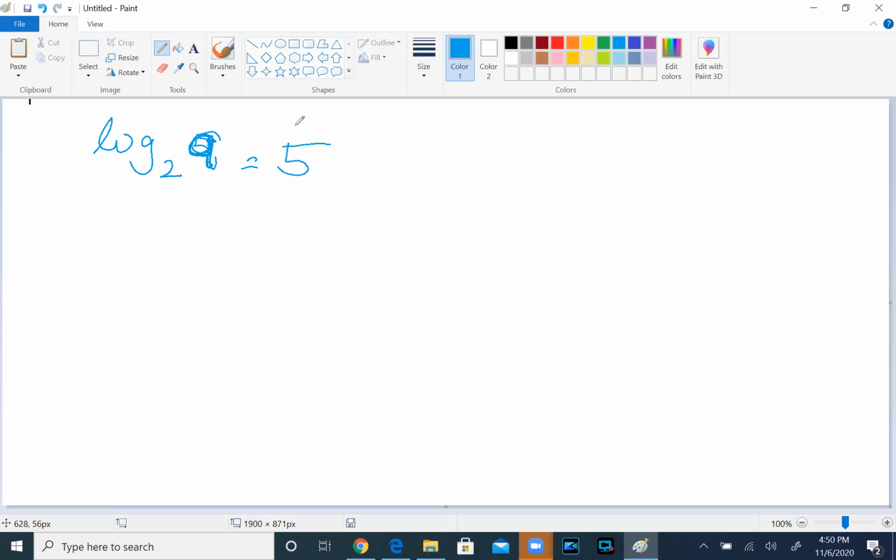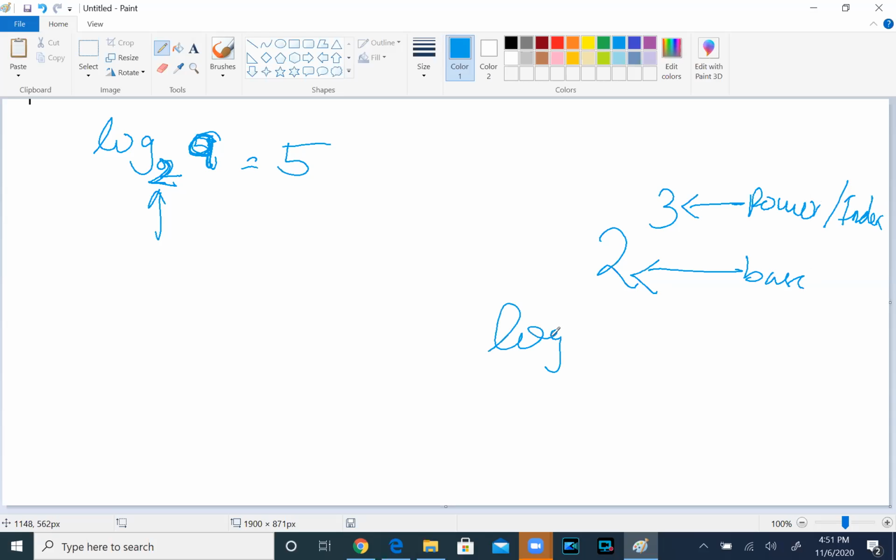You need to convert this to power. It's very easy to convert. Simply, this is the base. When you see a power, if it is an index, we call this the base, and we call this the power or index. So this is the base here. And here also, if you see any logarithmic value, this one is the base.